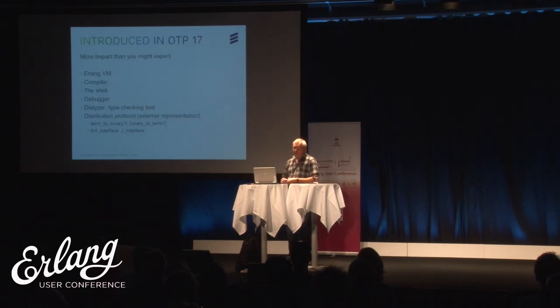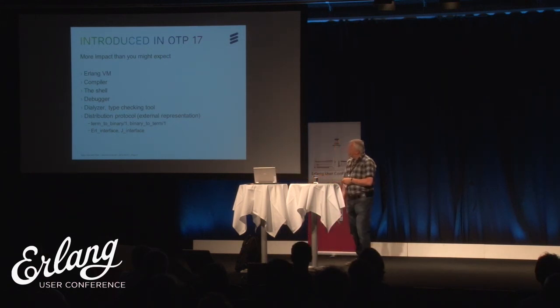So now we have introduced maps in OTP 17. And by introducing a new data type in Erlang, it's quite some work, more than you expect. Of course, you have the Erlang VM and the compiler. They are impacted by this. The Erlang shell, the debugger, dialyzer.